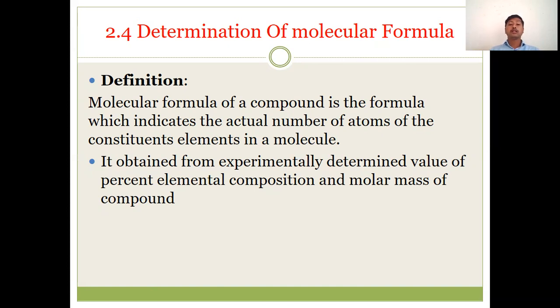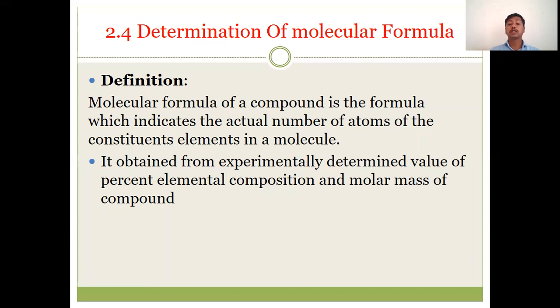Then the molecular formula is obtained experimentally, determined by the value of percent elemental composition and molar mass of that particular compound. Here, new compounds are formed. Then the value of percent of particular elements of that composition indicates the actual number of elements present in that particular molecule.